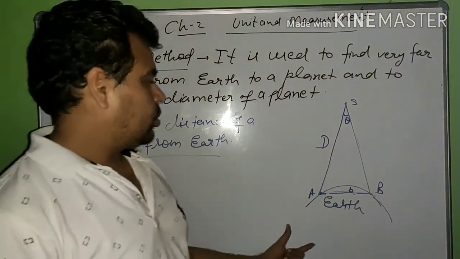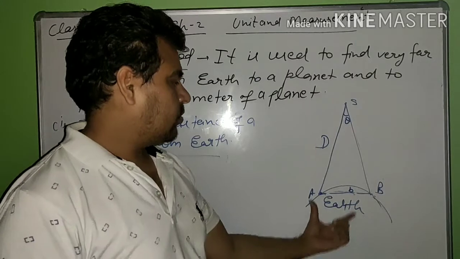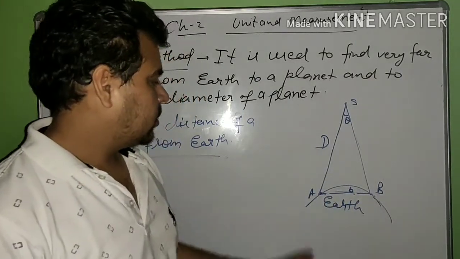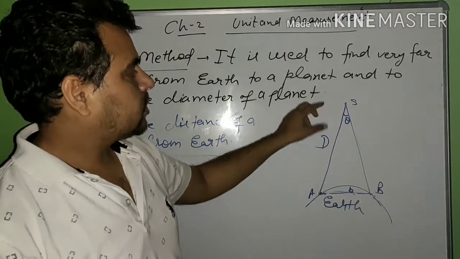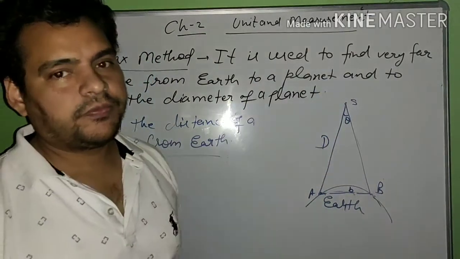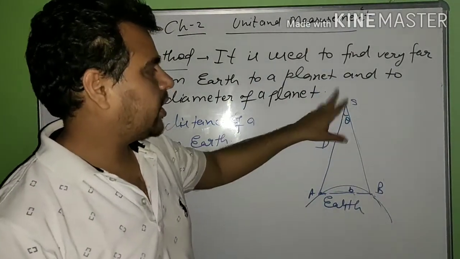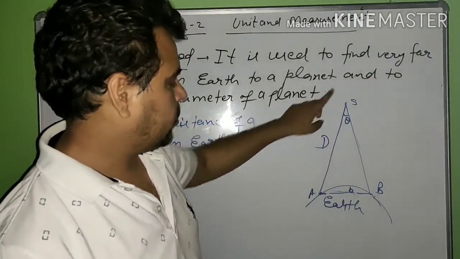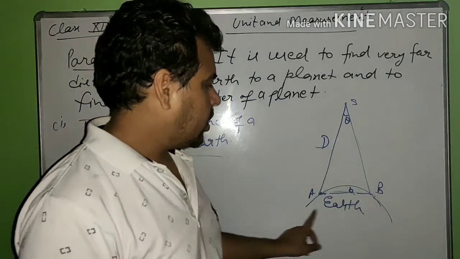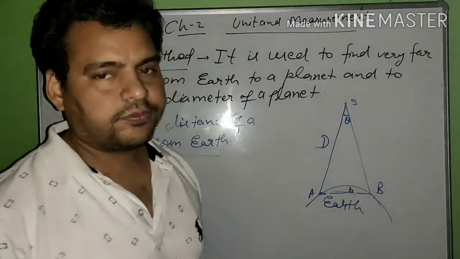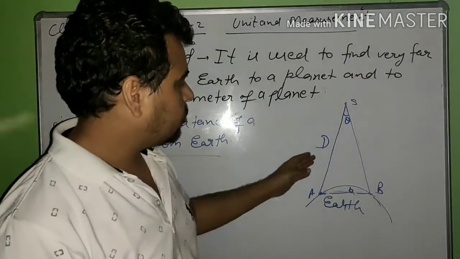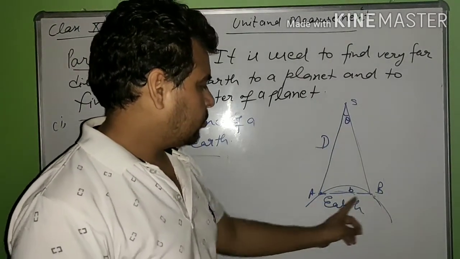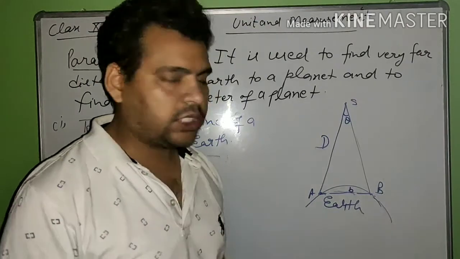We choose two points on the Earth, A and B, and from these points we see a single point on the planet. Suppose the planet is S. We observe one point of it from two different points on the Earth, and this distance we name b. The distance to the planet we name D.